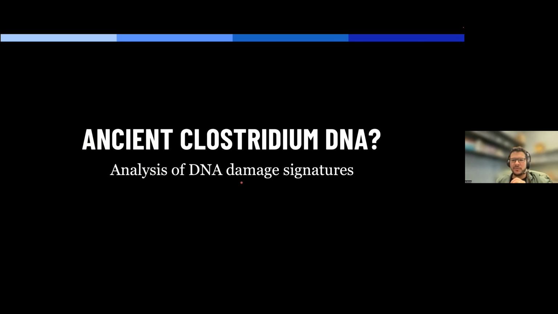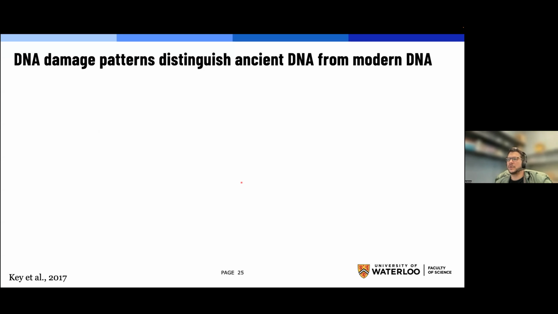The next question that we had, and this was a key one, is how do we know whether these genomes that we're identifying, this ancient C. tetani DNA, are ancient or modern? It's certainly conceivable that a lot of this DNA may be modern and may be derived from soil contamination or other types of contamination.